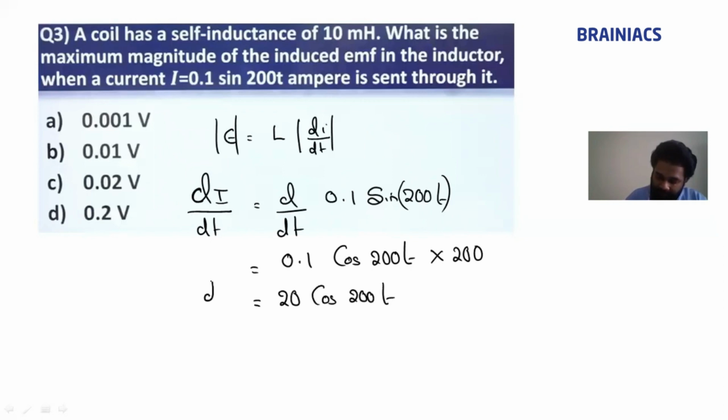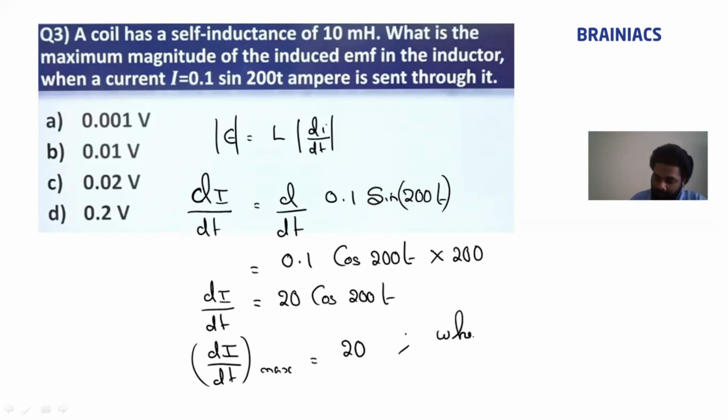This is what di by dt is. Now we need to find the maximum EMF, so let us find di by dt max. Di by dt max is 20, which happens when cos 200t is equal to 1, since the maximum value of cos and sine is 1. So di by dt max is equal to 20.